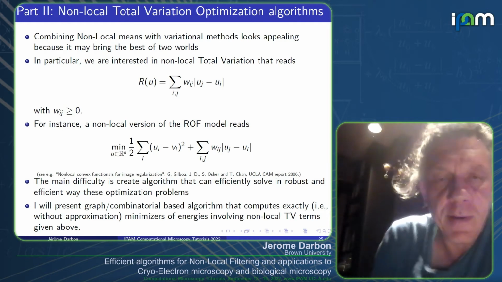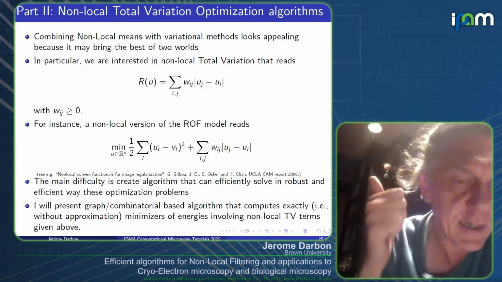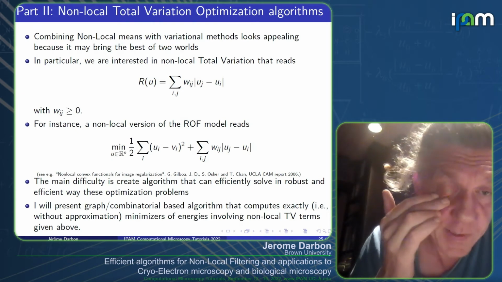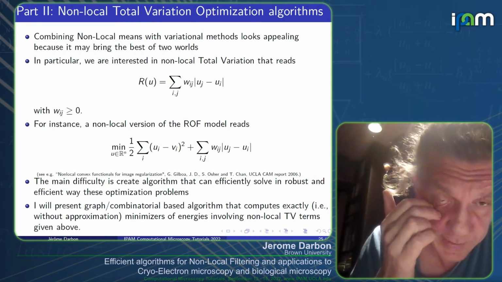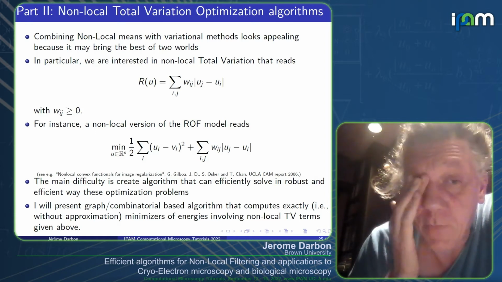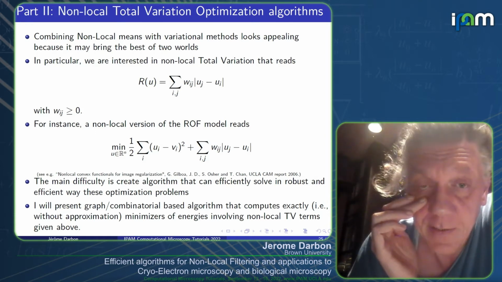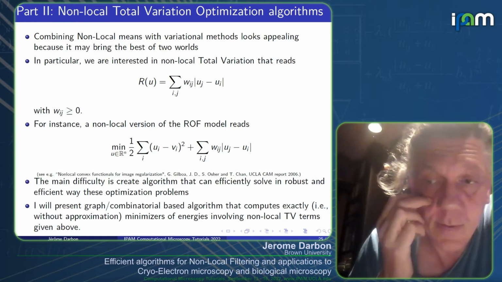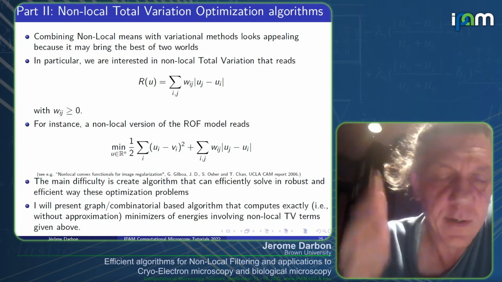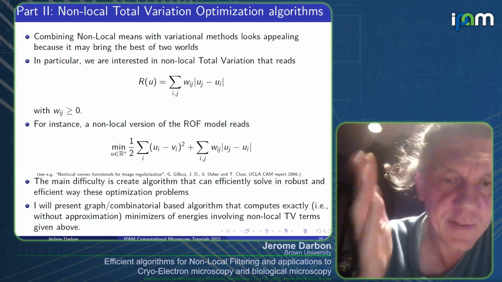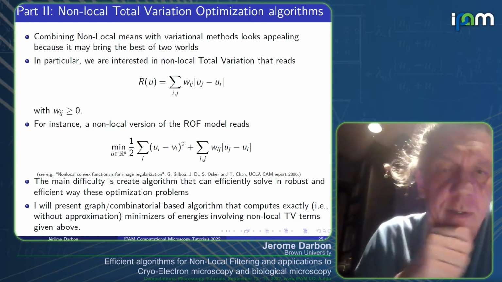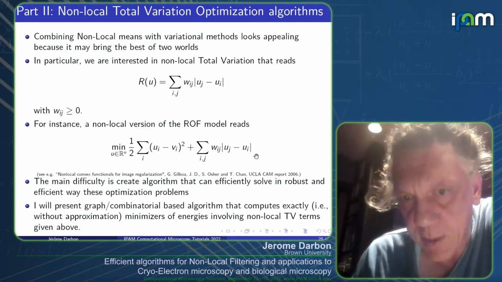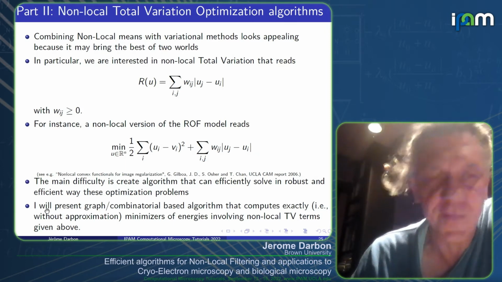The upshot of doing that is you get an extremely efficient algorithm that essentially runs in linear time in practice. And the result that you get, the minimizer that you get, is exact. It means you do not have an approximation of the minimizer. You have an exact one thanks to the combinatorial properties that these models enjoy and that we can leverage using graph algorithms.